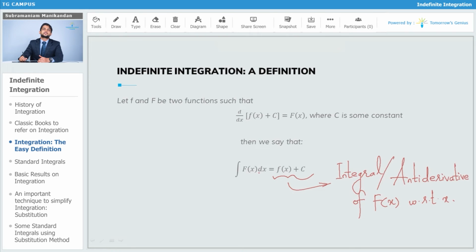And this dx denotes with respect to what variable the integration is being performed.